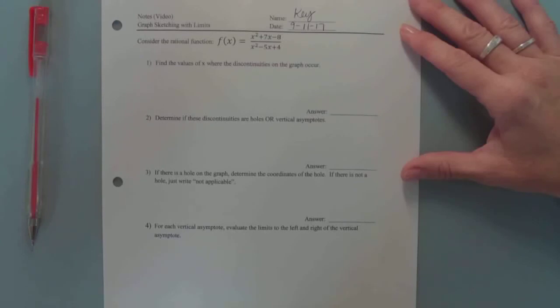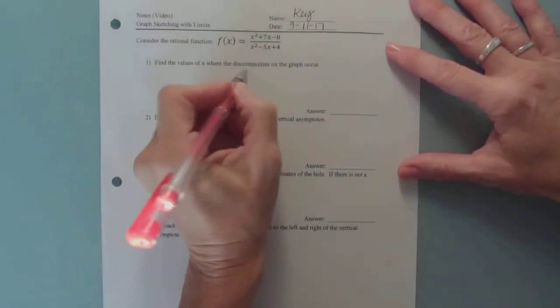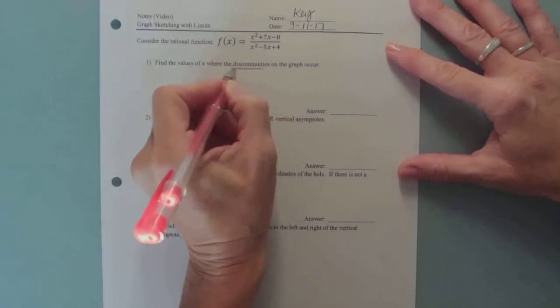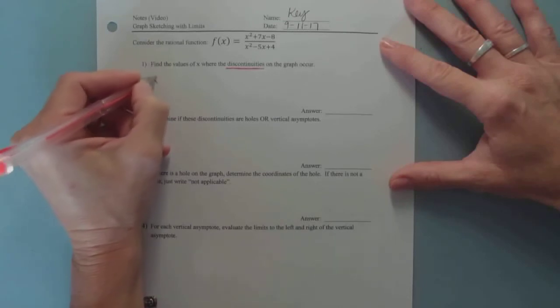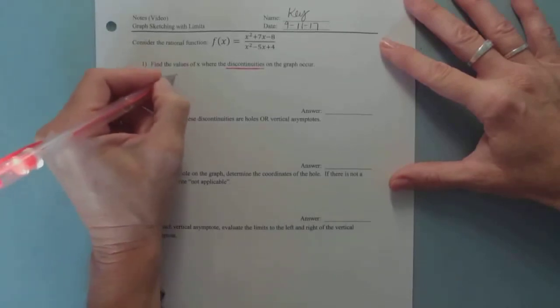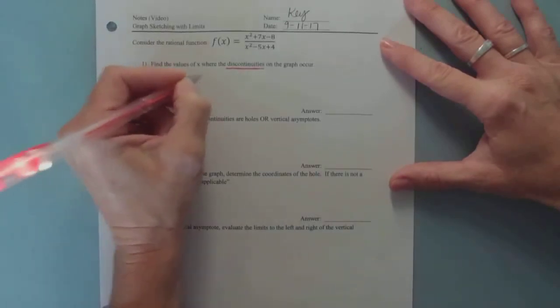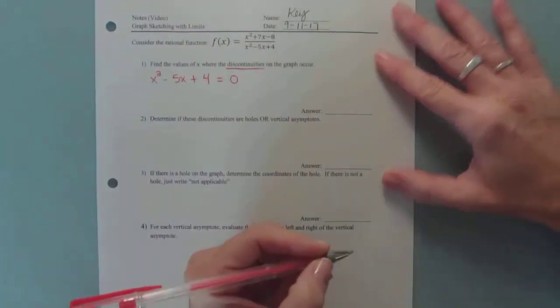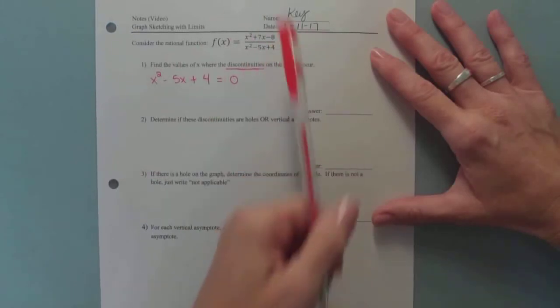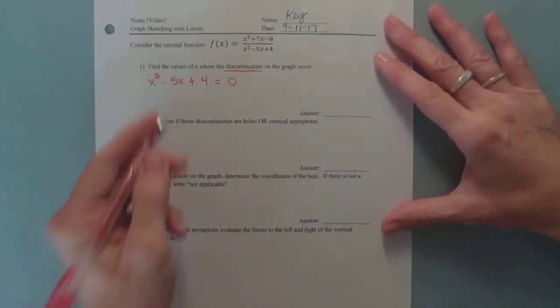Okay, number one says find the values of x where the discontinuities on the graph occur. We've already studied discontinuities, and we know that to find them we set the denominator of the rational function equal to 0 and solve for x. These will be the values of x that make the denominator 0, which make the function undefined.